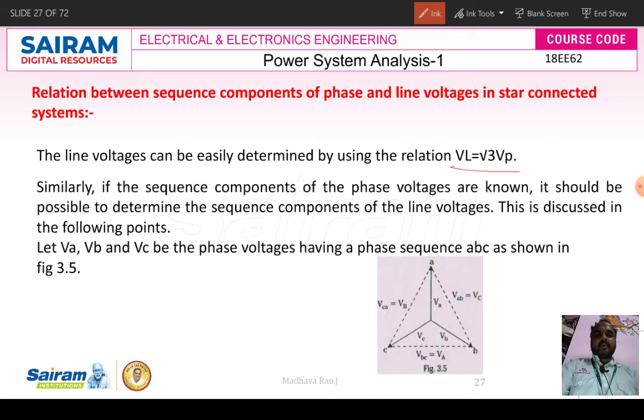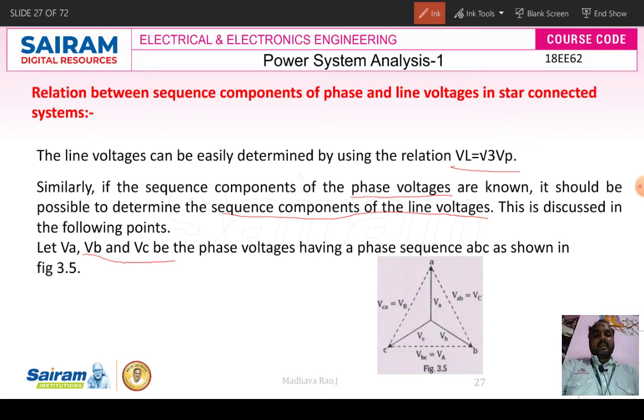So if you know the sequence components of phase voltages, we can determine the sequence components of line voltages, since VL is equal to root 3 into V phase. In this phasor diagram, we are considering a star connected system.